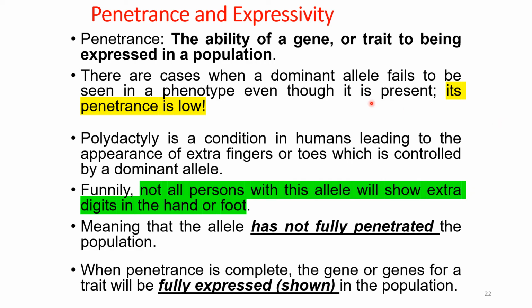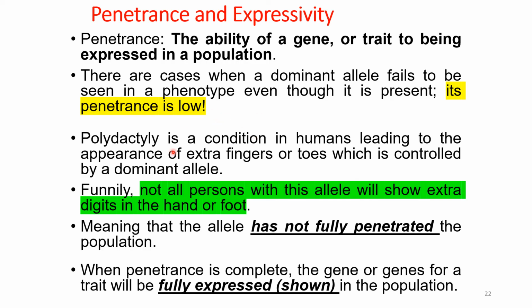Where a gene fails to express itself in a phenotype, even though it is present, we say that its penetrance is very low. Because of the lowness, it will not be seen in the population.